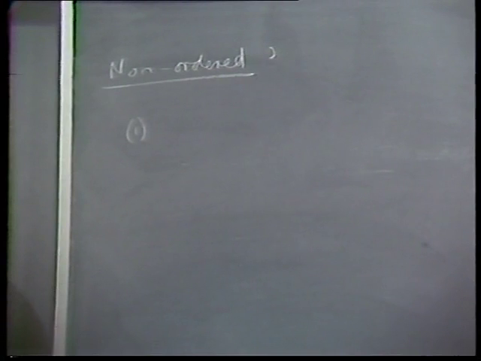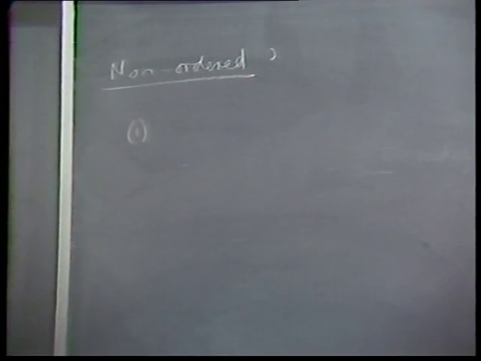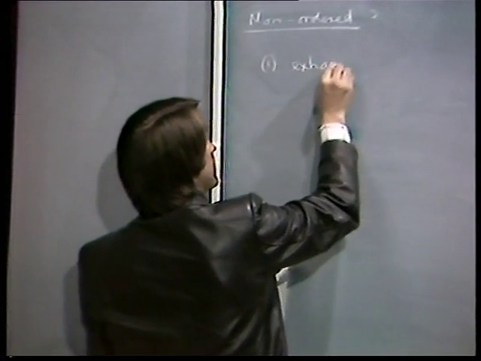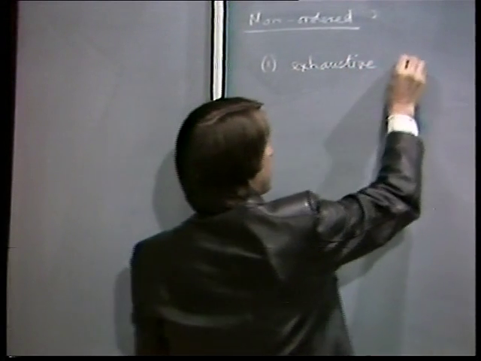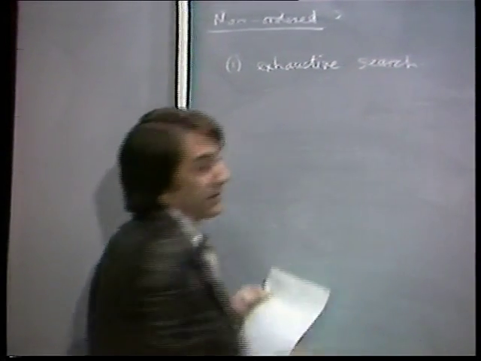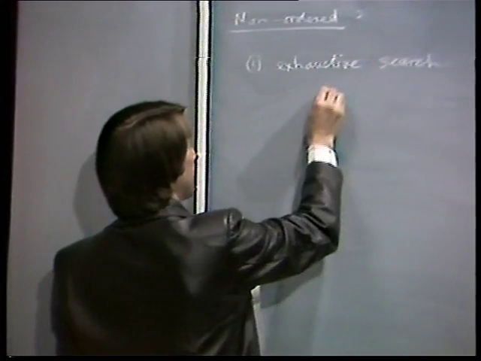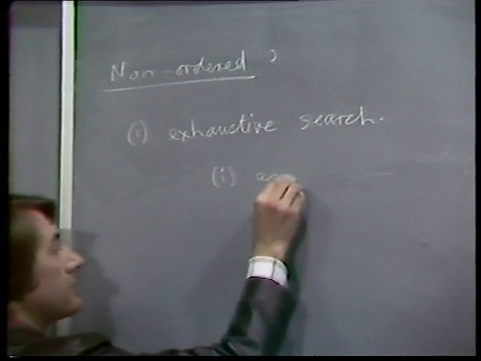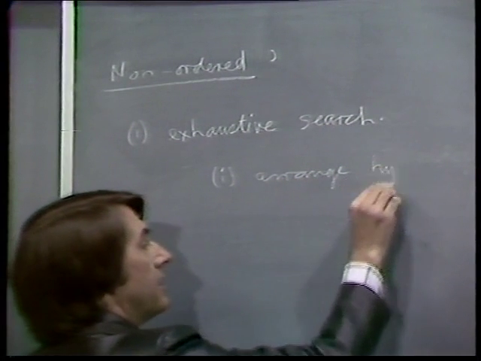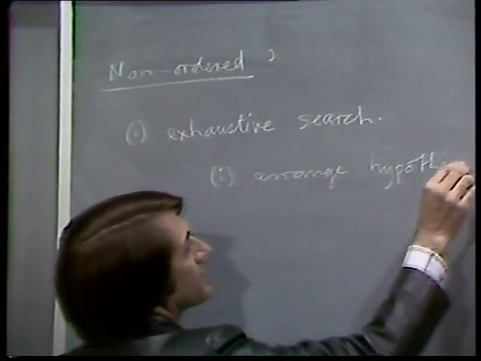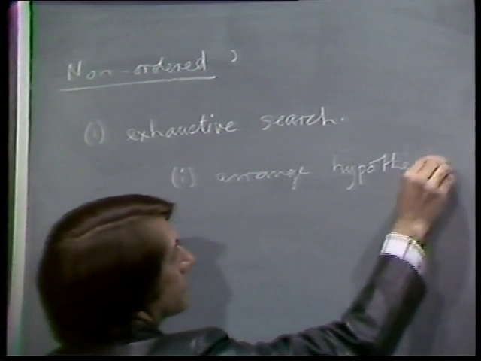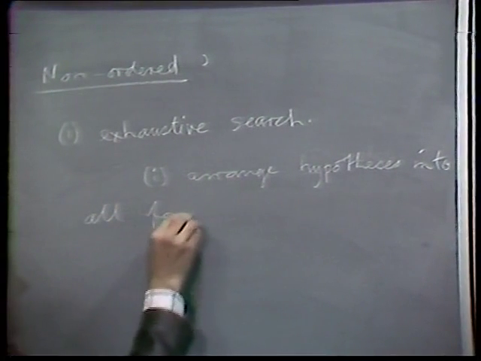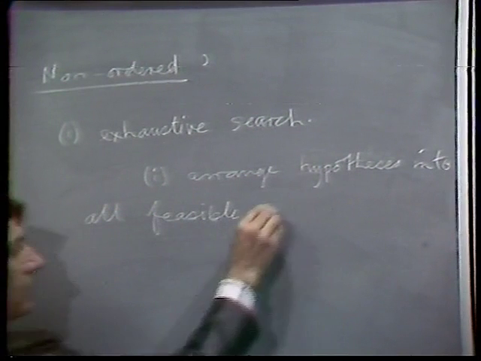Well, the first possibility, and the one that I want to illustrate by the application of choosing production functions, is an exhaustive search procedure made up of a first stage where we arrange the hypotheses into all feasible orderings.